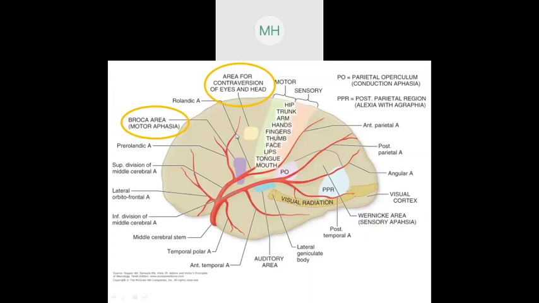Okay, so in this patient, why not tumor? Why not abscess? Why not other disease? Because in the CNS, in the central nervous system, we can classify etiology based on the duration.